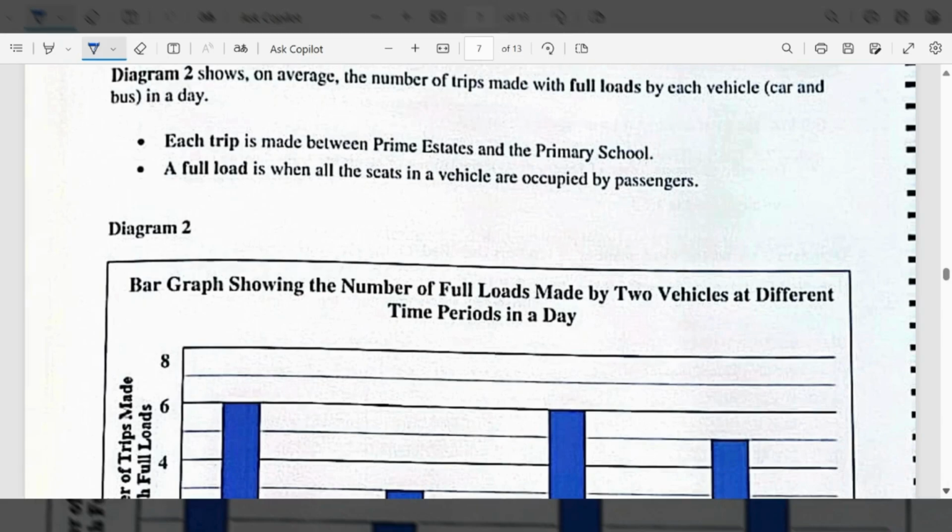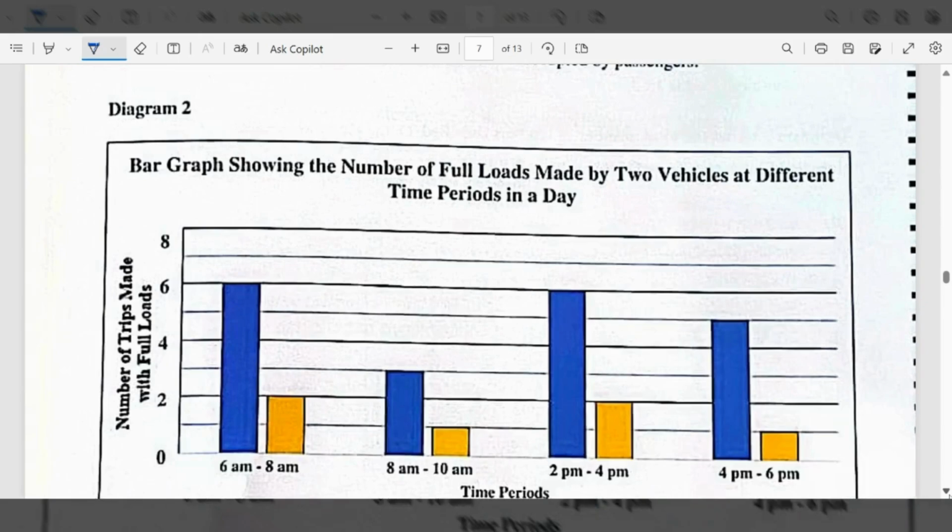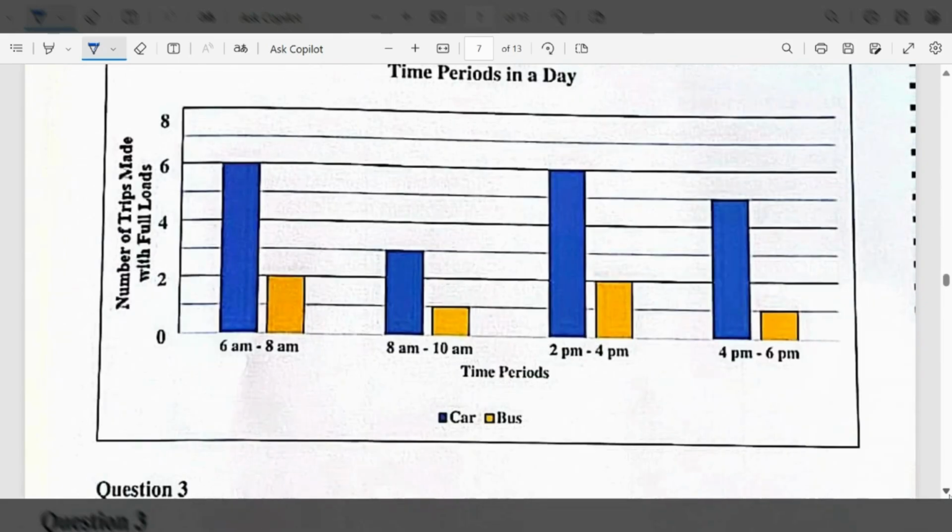So diagram 2 shows the bar graph with the number of full loads made by the two vehicles at different time periods during the day. And we can look at the number of trips made by the car and by the bus with full loads.